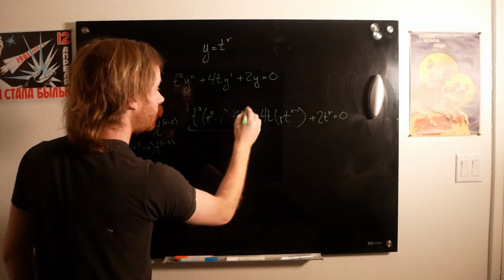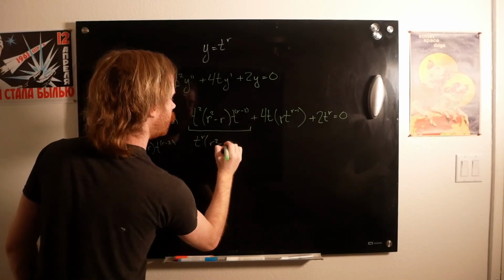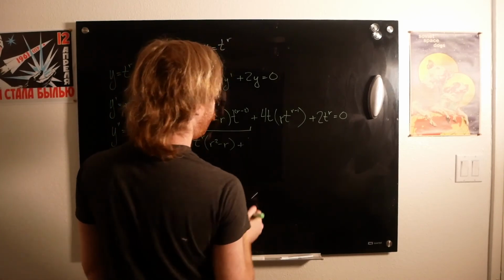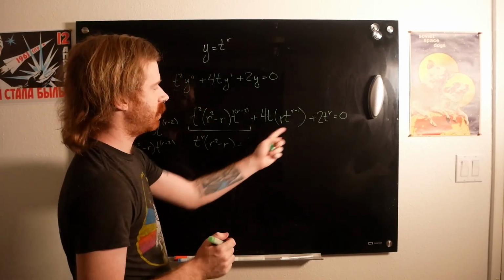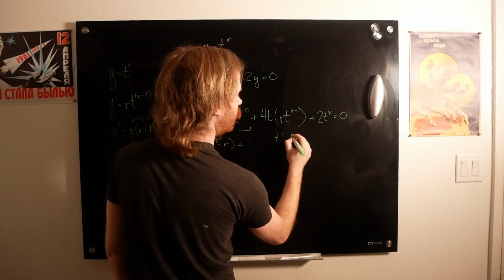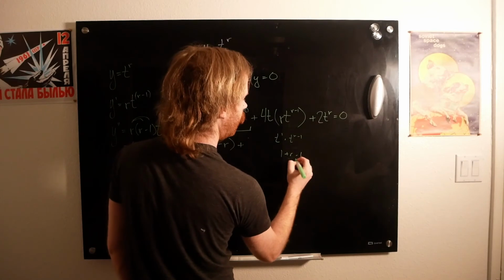So t to the r times r squared minus r, plus, well, we have 4t and then t to the r minus 1. So let's combine these. t to the power of 1 times t to the r minus 1 is going to equal 1 plus r minus 1.